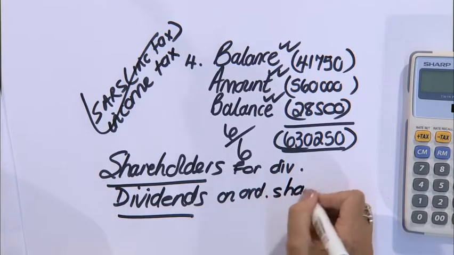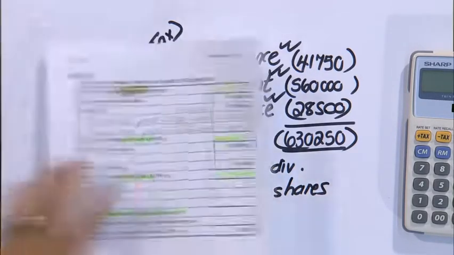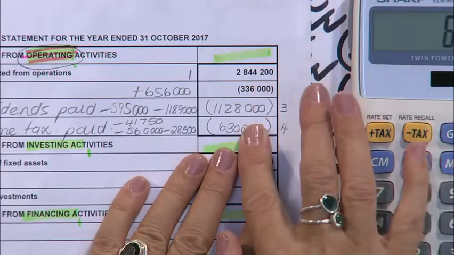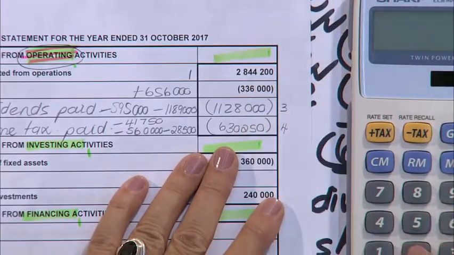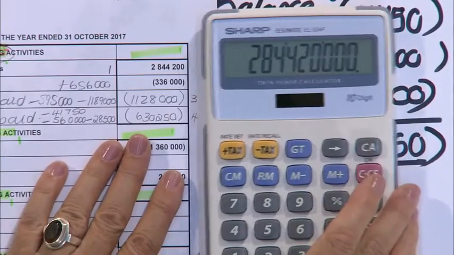Right. Now let's see what I must do next. I must get this total. I wonder if you guys realize that you've got all four amounts already. Let's see who's got the total first. Can you see my calculator? I'll move it a bit. Right, there we go.